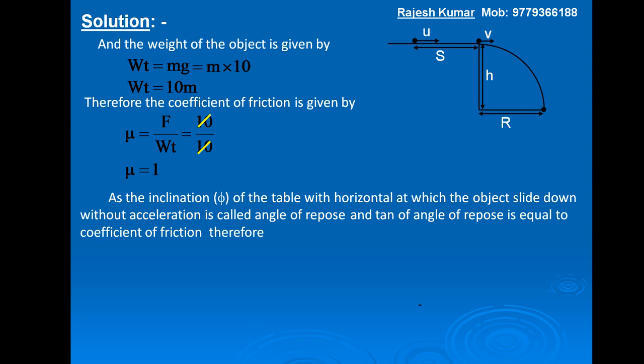So this is a horizontal level, this is the inclined table, angle is equal to phi, and an object placed on it moves without acceleration.